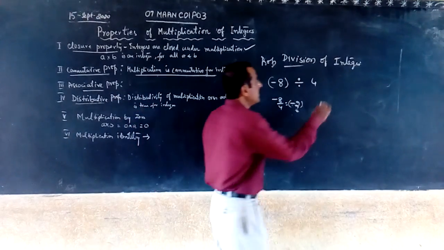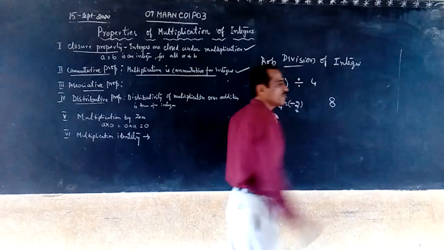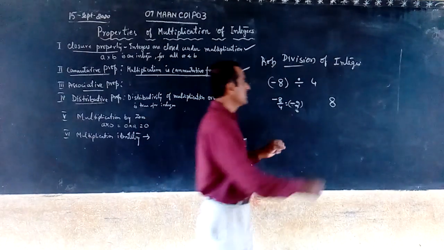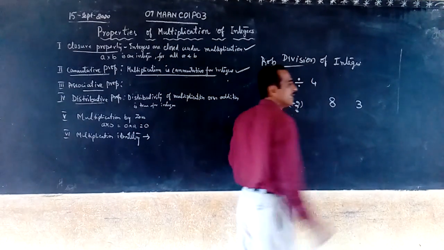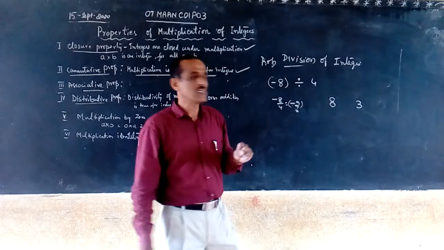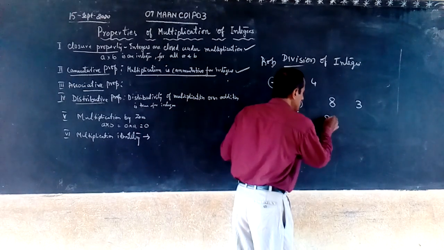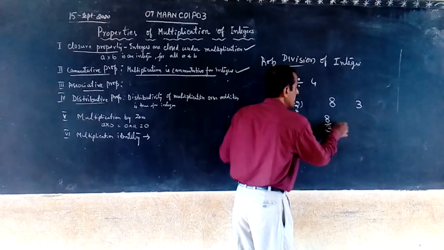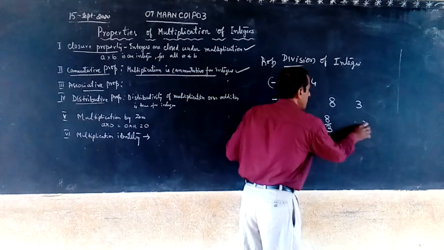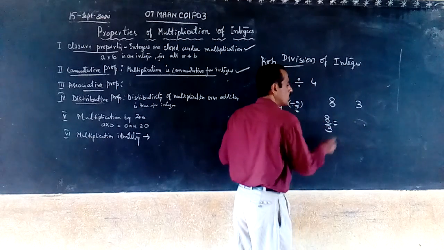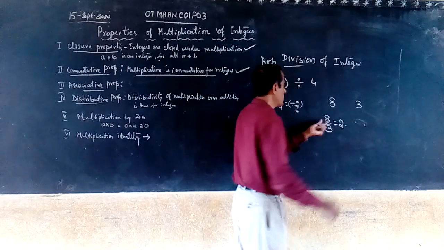For example, see here. 8 is an integer. 3 is another integer, a positive integer. If you divide 8 by 3, what is the answer? 3 2s are 6, 2 remains.